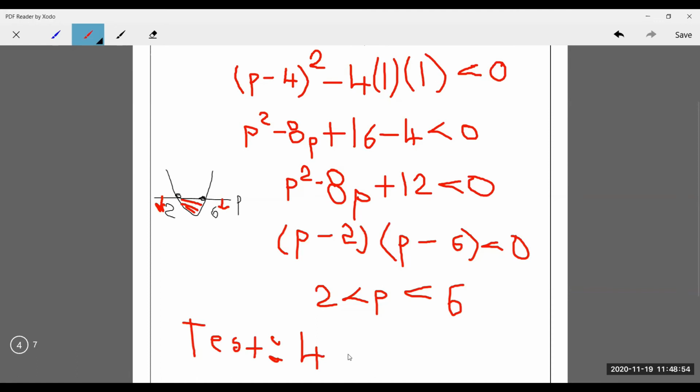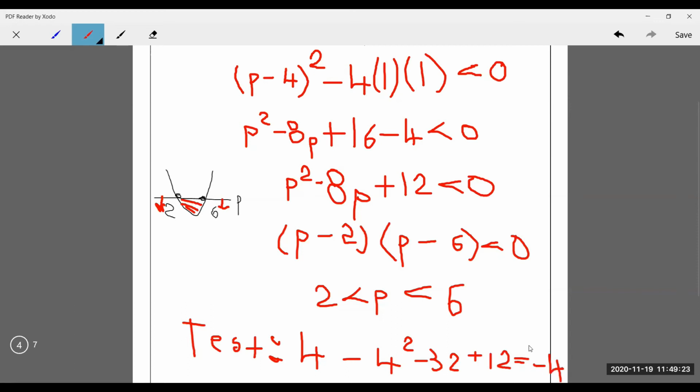Testing with 4, 4 squared is 16, minus 8 times 4 is negative 32, plus 12. 16 plus 12 is 28, 28 minus 32 is negative 4. And look, negative 4 is less than 0.